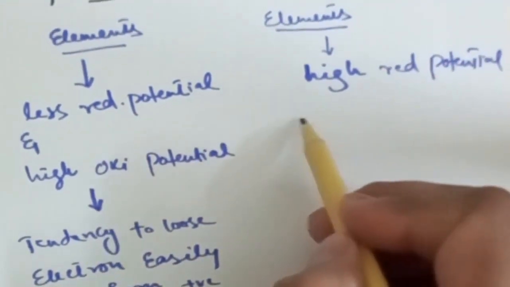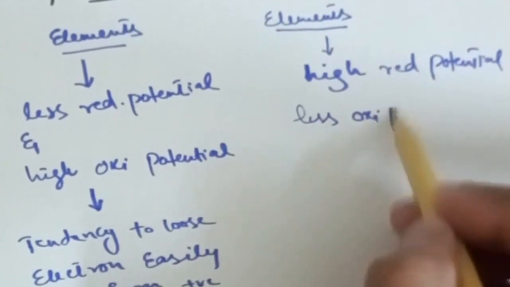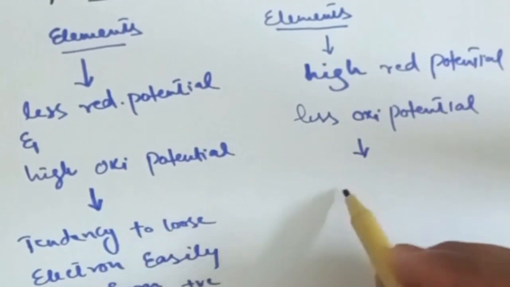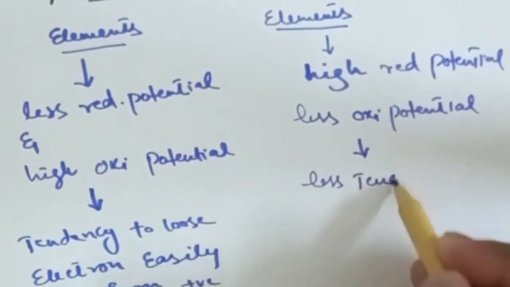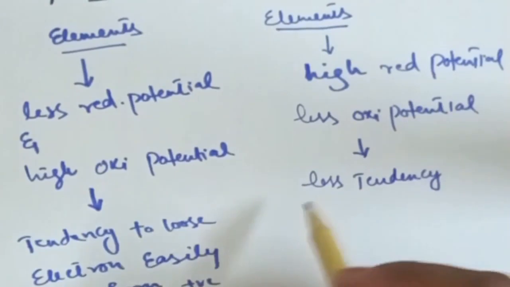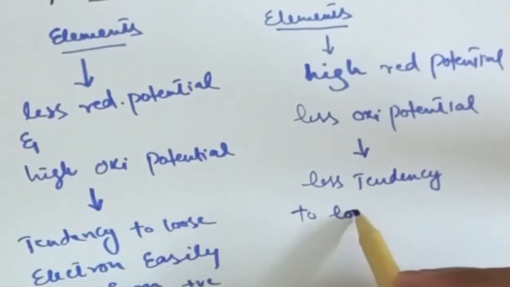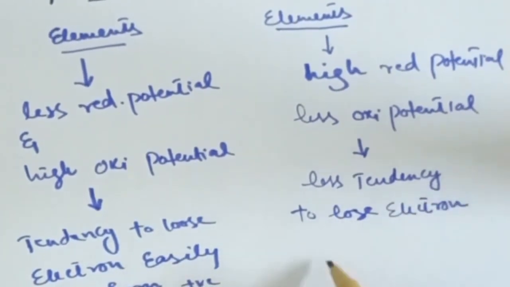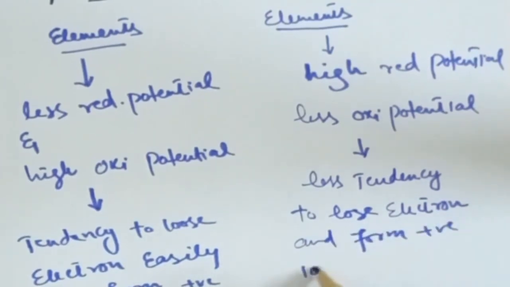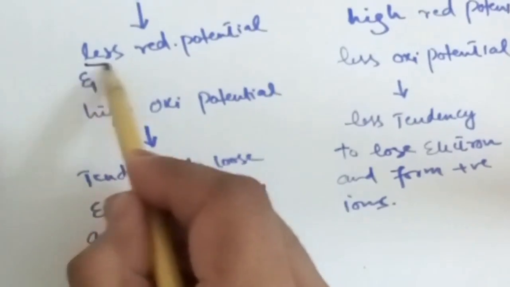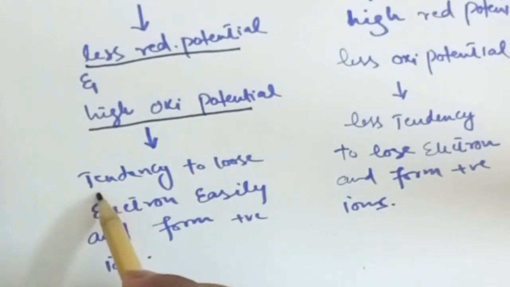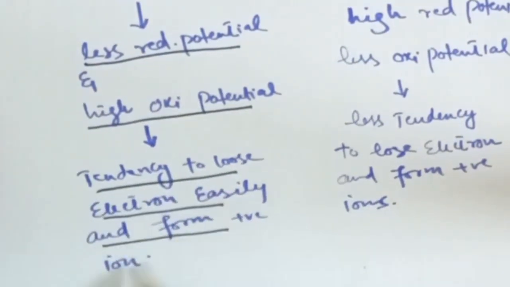And those whose oxidation potential is less have less tendency to lose electrons and form positive ions, while those whose oxidation potential is higher have the tendency to lose electrons easily and positive ions are formed.